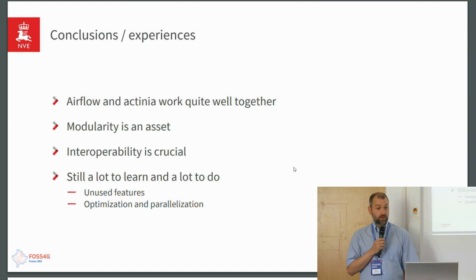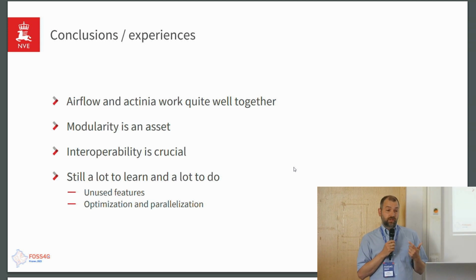So our conclusions and experiences from the work we set out to do here is that we figured out Airflow and Actinia work quite well together, also thanks to the modularity of Actinia. So modularity is in many ways an asset here. As I mentioned, how you can split up workflows in Airflow works quite well together with the modularity.